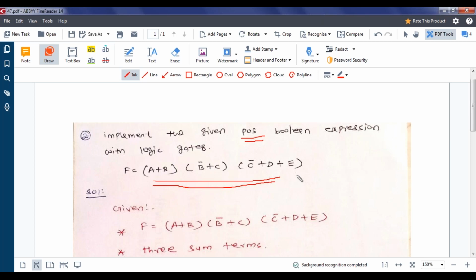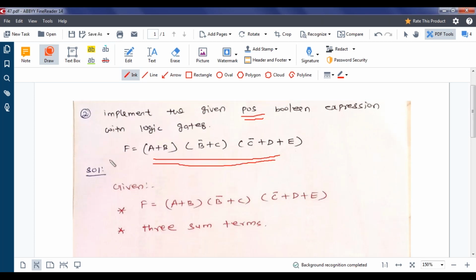We want to implement this Boolean expression by using logic gates. Please note down capital F equal to A plus B. This is the first sum term because this is POS form, product of sums form. Next sum term is B bar plus C. Third sum term is C bar plus D plus E.